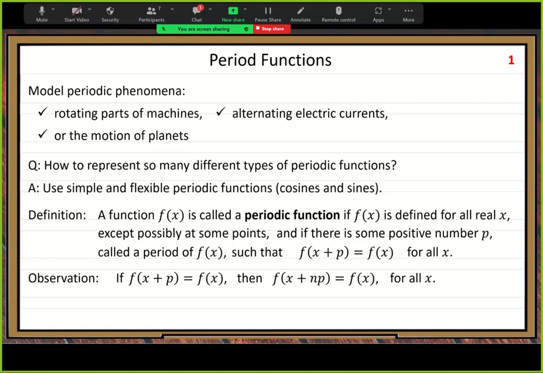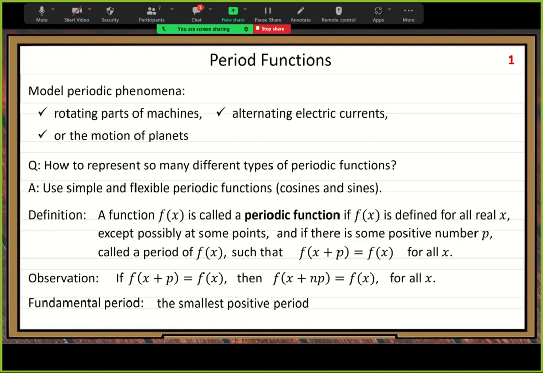Based on this observation, when we define a period, we want to use the smallest p, which we call the fundamental period. We don't want n times p, just a single p. The smallest positive p that makes this true is the fundamental period.